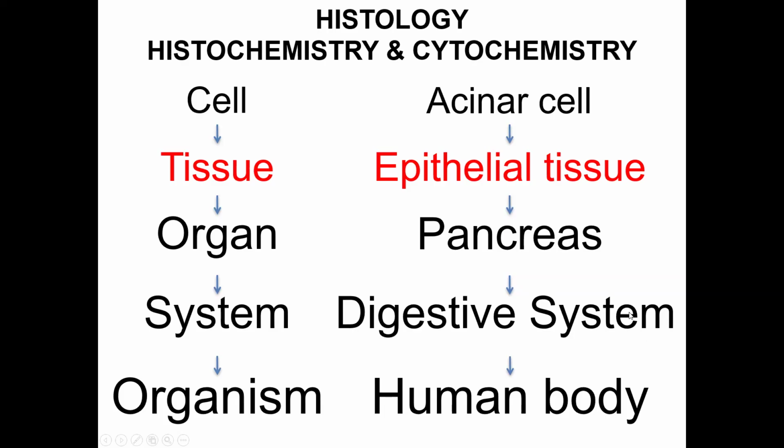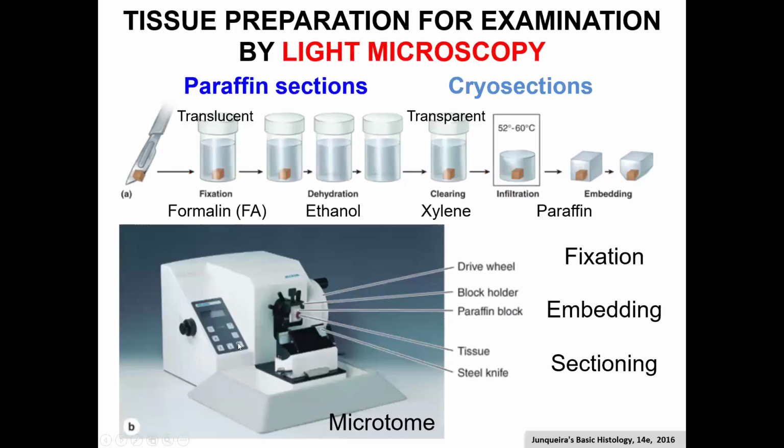The pancreas also has structures that produce hormones, and so the pancreas is also an endocrine organ that is part of the endocrine system. And then all these systems put together make our organism, and they obviously interact with each other.